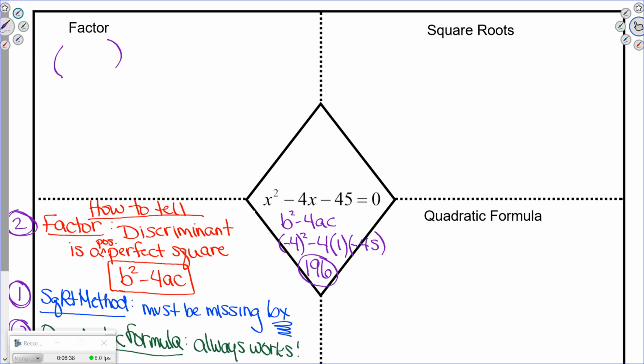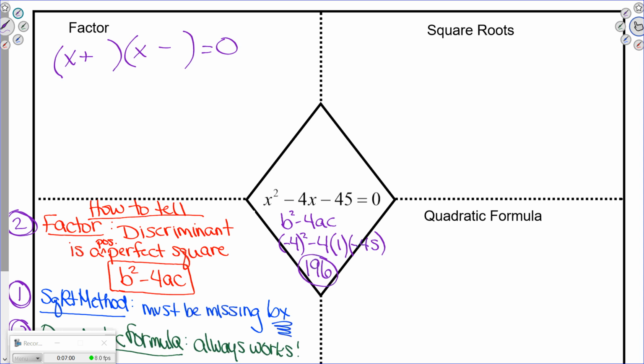So set up your parentheses. My last one is negative. So what are your signs? Plus and minus. Options for a: 1 and 1, so 1x and 1x. And then options for c, or do you know which one it is?